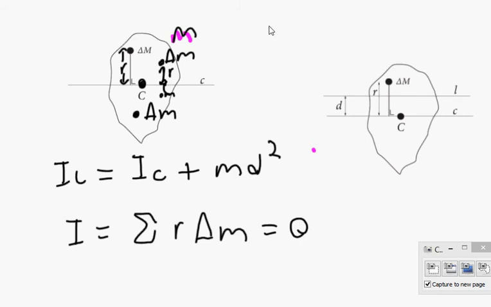Do you remember what a moment of a force is? Force multiplied by distance, and force is directly proportional to mass. So all the sums of mass by distances should equal 0, because by definition it is the centre of gravity. That's why this here equals 0.